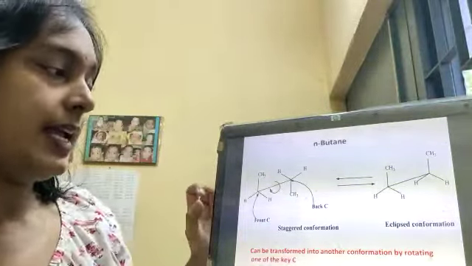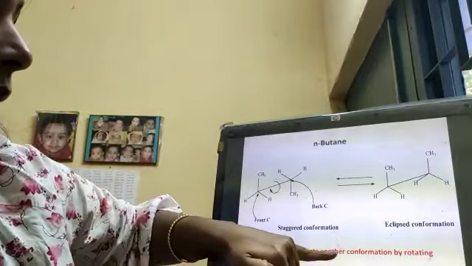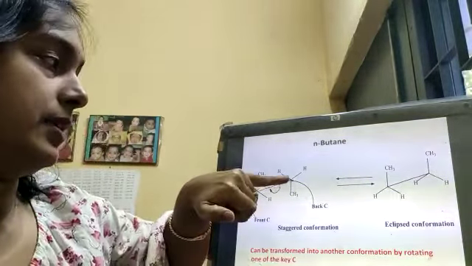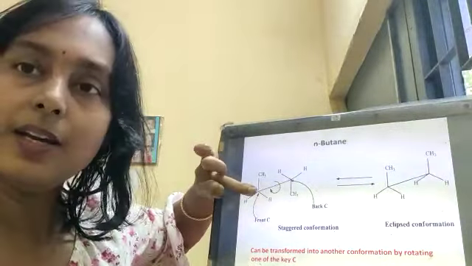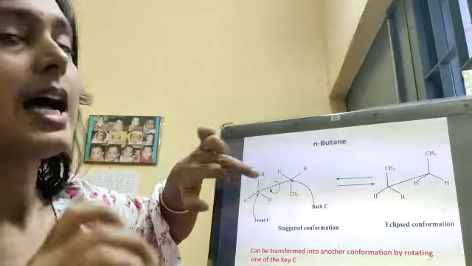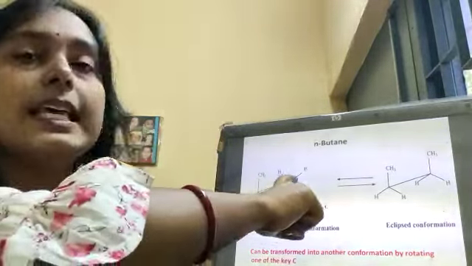So this can be transformed into another conformation by rotating one of the carbons. By keeping that carbon static, we can rotate this carbon with respect to this carbon because of this single bond.